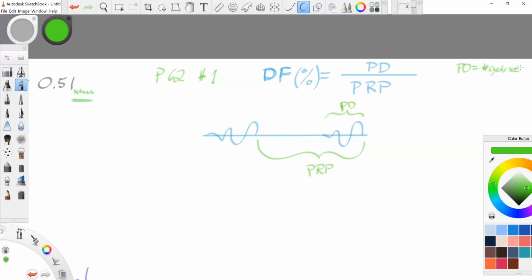If the pulse repetition period goes up, the duty factor will go down. If the PRP is greater, and it is greater on my original 2 pulse line, the duty factor is less. Okay. All right. That's number 1.